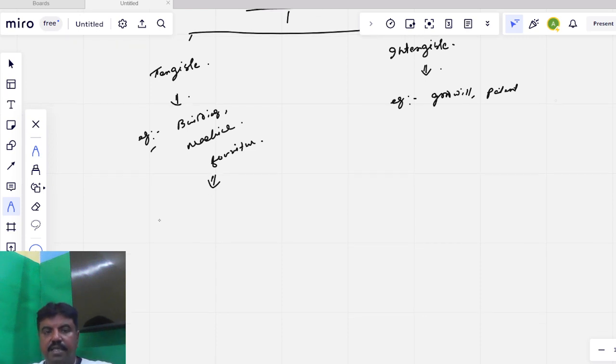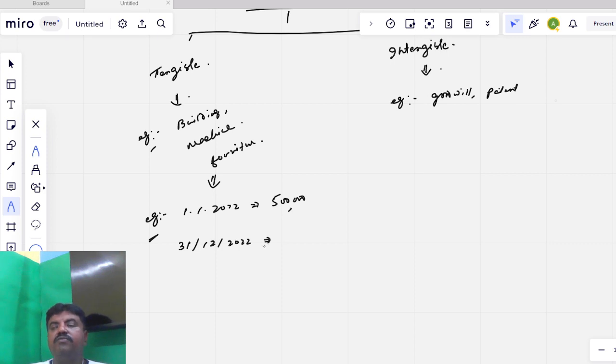For example, if you buy a machine on 1st Jan 2022 for rupees 5 lakhs, and you use it throughout the year, then at the end of the year, that is on 31st December 2022, the value will definitely reduce. If I assume that value to be 4,80,000, there is a reduction of 20,000. This 20,000 will be termed as depreciation.